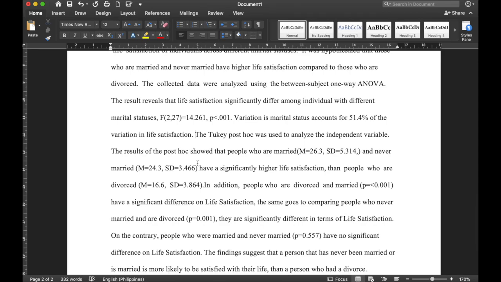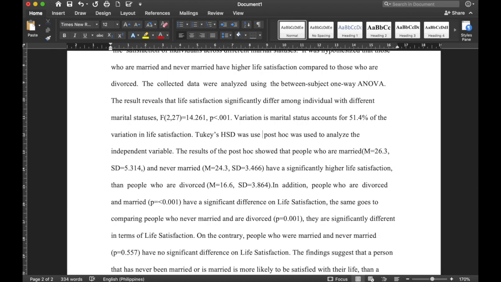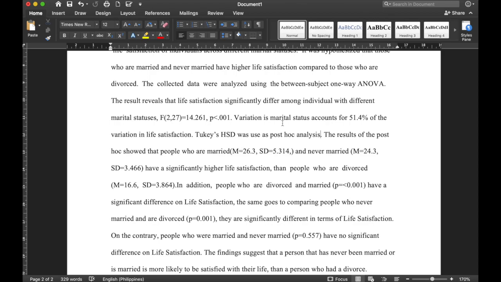Tukey's HSD was used as post hoc analysis, or you could say it was used to determine which of the means are actually different, but this would be sufficient. Tukey's HSD was used as post hoc analysis.